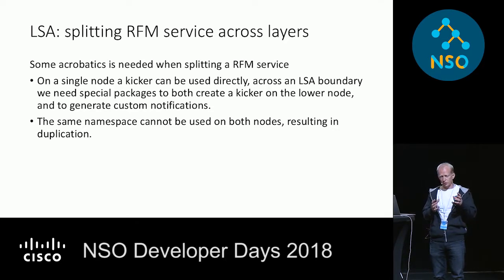Typically, if you run it on a single node, you can have event notifications, you can have kickers that notify your parent service that now my sub-service is ready. Say the sub-service is responsible for starting the virtual machine and putting it into an operational state. And then it will notify through a kicker the parent service saying that now it's ready, you can configure it.